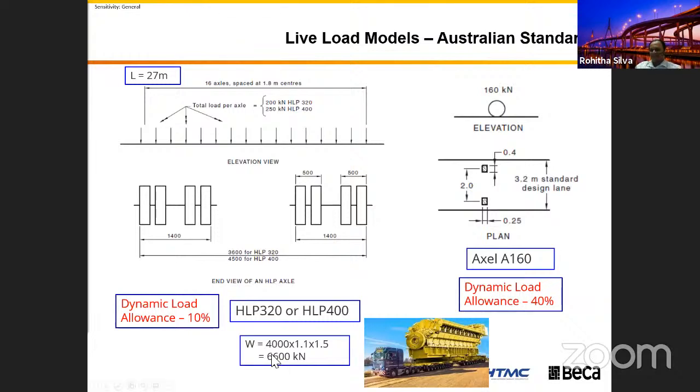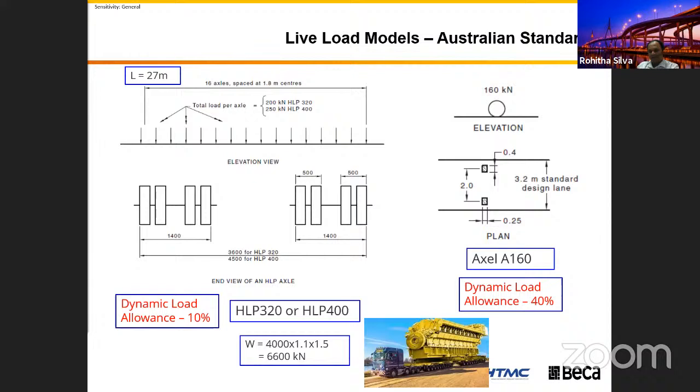I just did this calc for you here: 4,000 times the dynamic magnification factor 1.1, and to convert this into ultimate limit state, we multiply by 1.1 again. It works out to be 6,600 kilonewton, which is more or less equal to 10 times the truck weight, right?